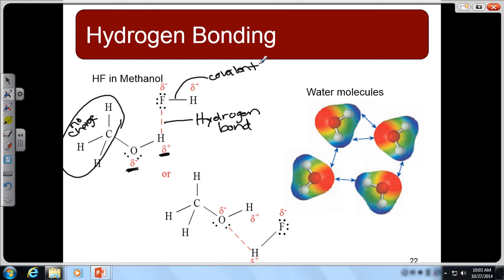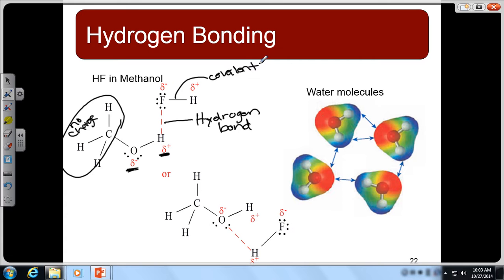If you actually put 10 milliliters or whatever in your test tube, there are hundreds to thousands of these molecules, so they're all just hydrogen bonding together. If we wanted to, we could extend off of this and show another hydrogen bond.